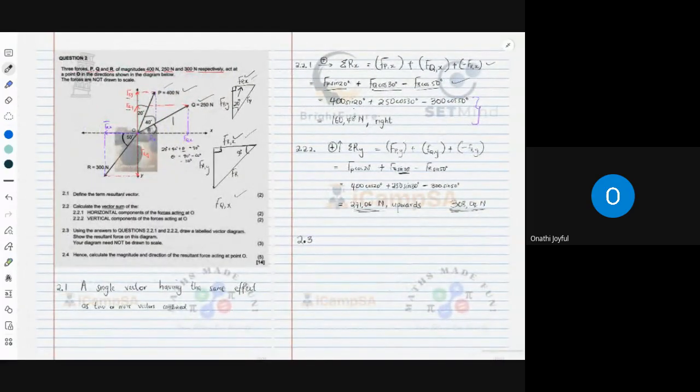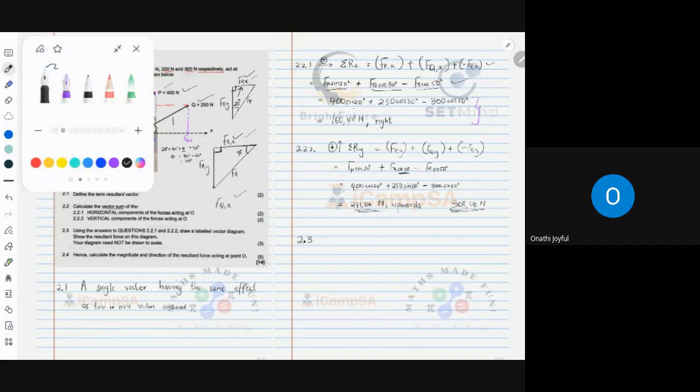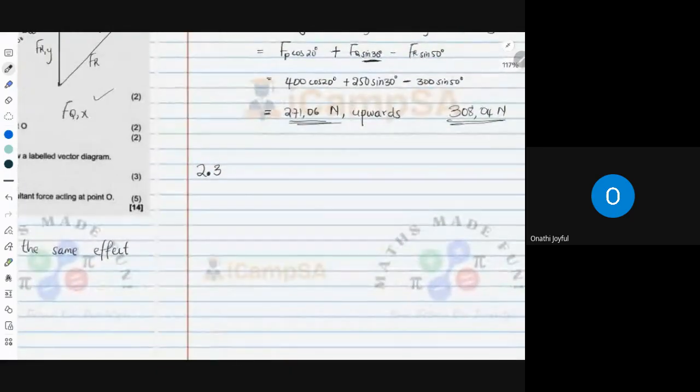So obviously we need to know our directions. Since we said Rx is going to the right, let's start with Rx. This is my Rx. Hope this is not too long.